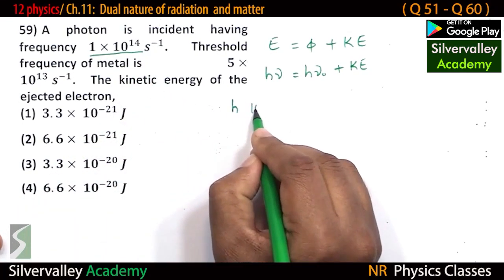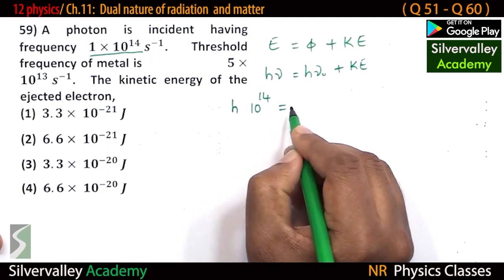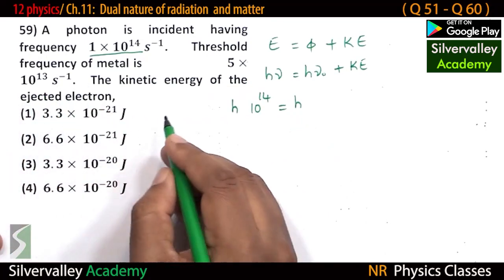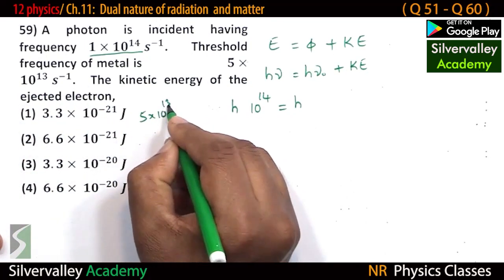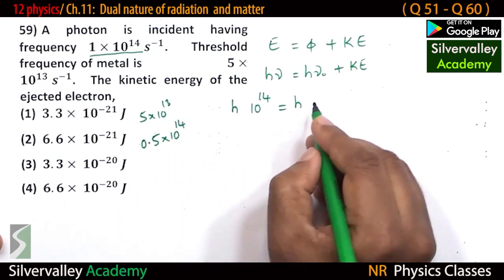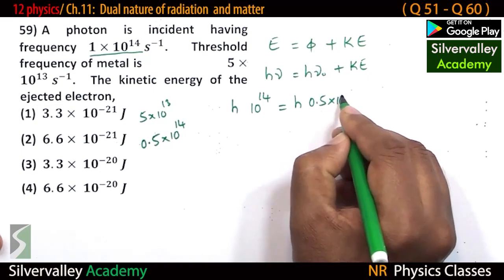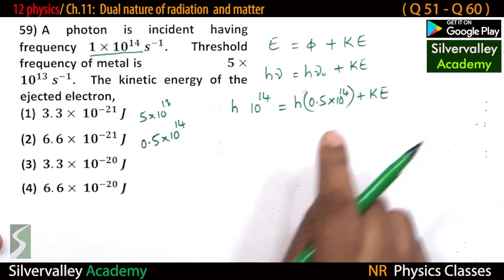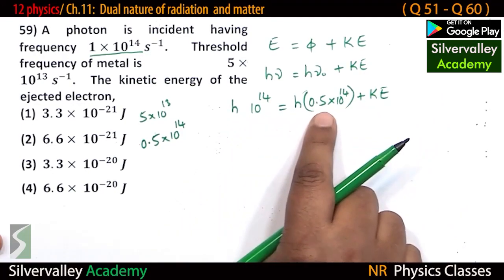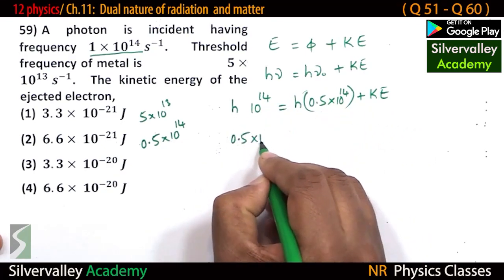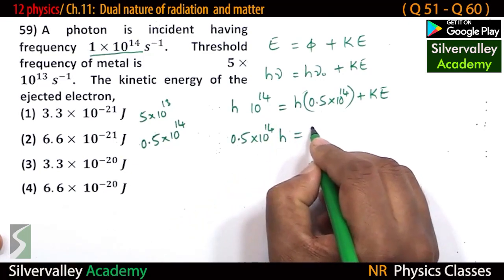So h times 10 power 14 equals h times threshold frequency, 5 times 10 power 13, which is 0.5 times 10 power 14, plus kinetic energy. This is 1 time, this is 0.5 time. Take this to the other side, we get 0.5 times 10 to the power of 14 h equals kinetic energy.